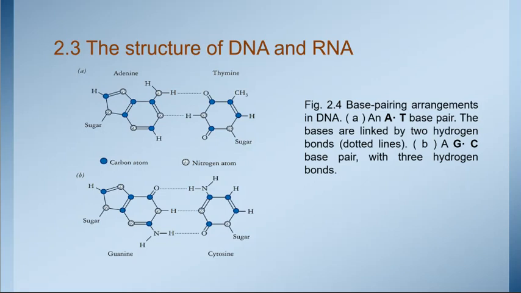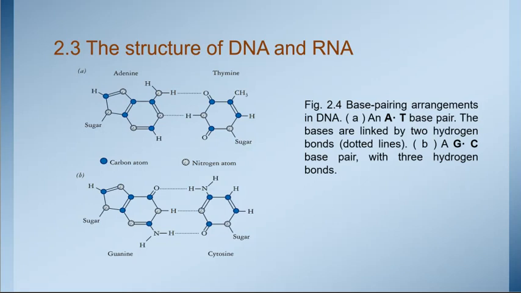Chemically, adenine and guanine are purines, which have a double ring structure, whereas cytosine and thymine or uracil are pyrimidines, which have a single ring structure. In DNA, the bases are paired: A with T and G with C.